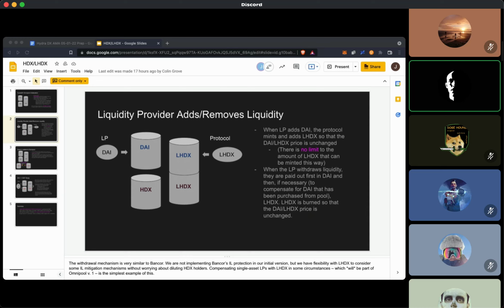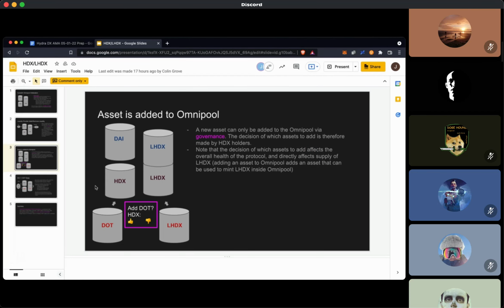All right, if we go to the next slide, we can look at what happens when an asset is added to the Omnipool. Here is our first instance of something that's really going to be voted on by governance.